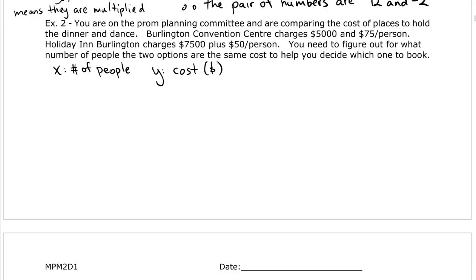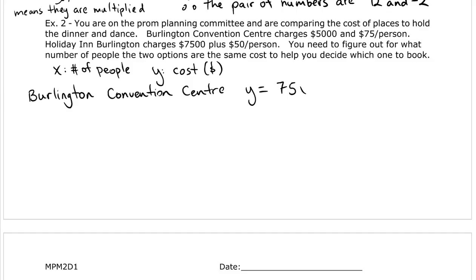So for the Burlington Convention Center, the equation will be that the cost y is equal to $75 per person, so 75 times x, the number of people, plus our initial value of $5,000, or initial fee.